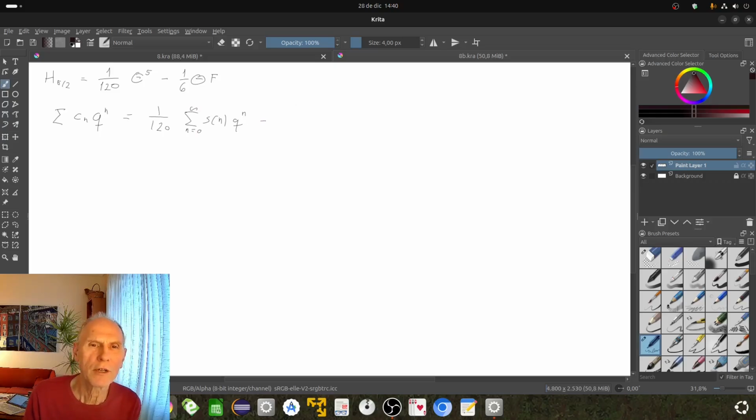And then we need to compute this. That's a square. So how do we do that really? I'll just check the form here.